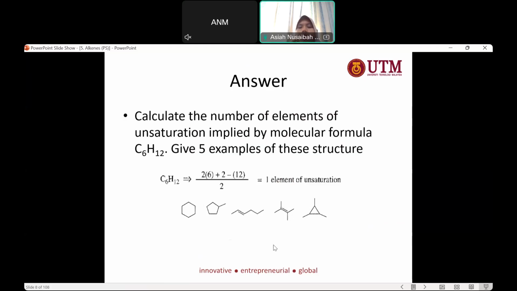So you have a choice on what structure you want to draw, as long as it fulfills the requirement, which is one element of unsaturation, and the total number of C must be 6, and the number of H must be 12. Okay.